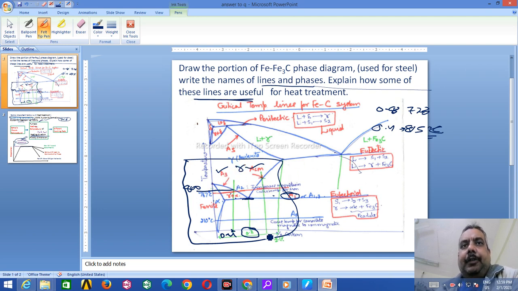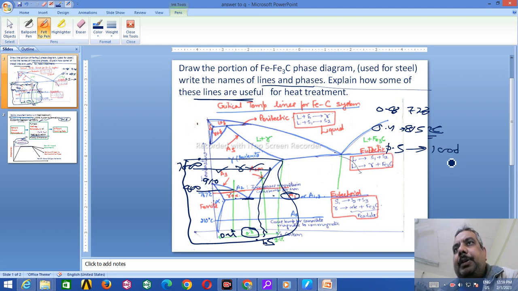Similarly, for 1.5% carbon, you will cut the line here, and the temperature may be around 1000 degrees centigrade, from 910 to 1000 degrees centigrade. So for 1.5% carbon, we have around 1000 degrees centigrade. We can heat at a temperature a bit lower than this.